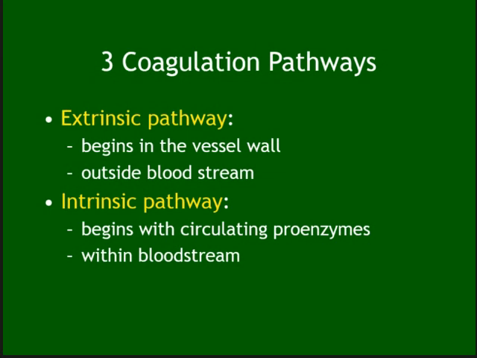We have an extrinsic and an intrinsic pathway. The extrinsic pathway starts with the blood vessel being injured, so it starts from outside, and it will go step after step after step. The steps that I want you to actually remember are prothrombin will become thrombin.